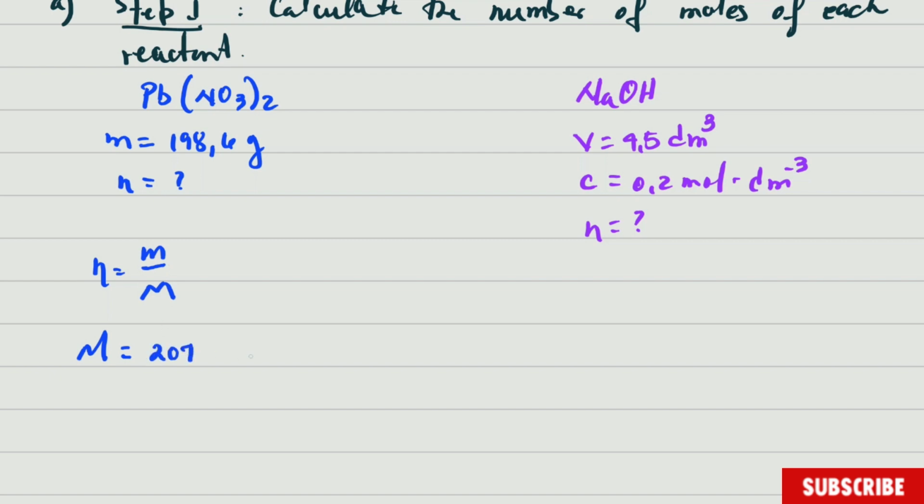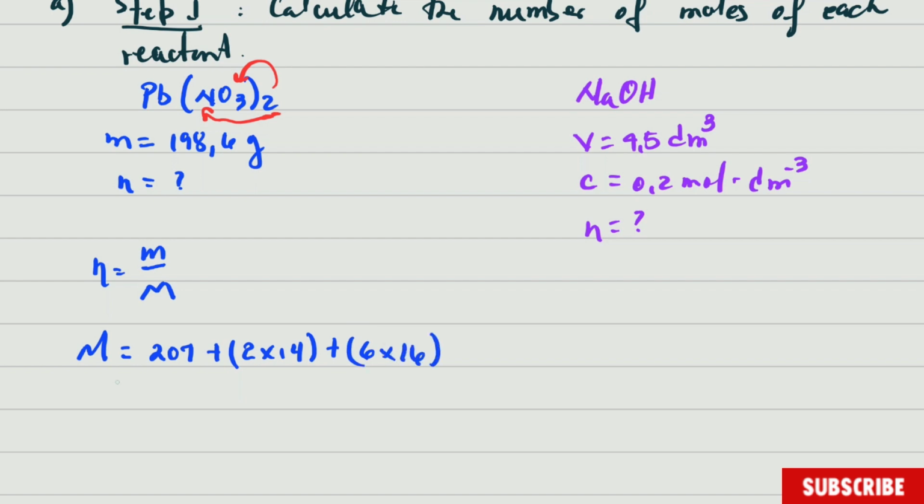207. Remember to go to the periodic table, plus 2. This 2 outside the bracket affects everything inside. So that 2 is for the nitrogen as well as for the oxygen, which in this case you have 3, so it's 6 oxygen. So for nitrogen you have 2 times the mass of nitrogen, which is 14, and then plus 6, because 3 times 2 is 6 oxygen, which is 16.